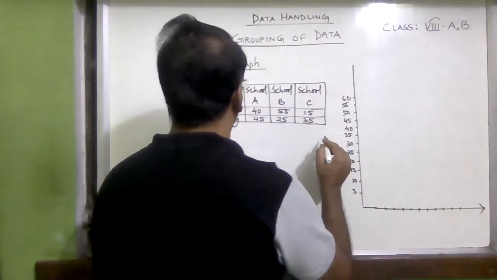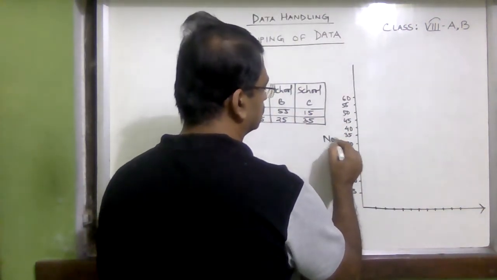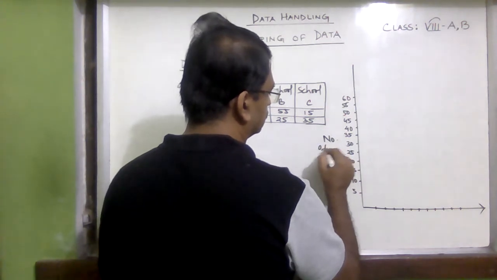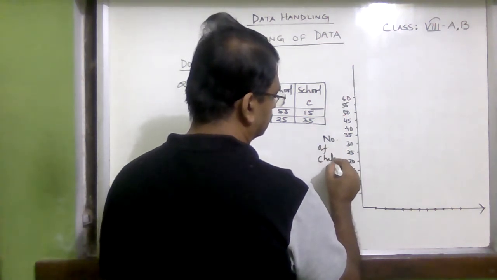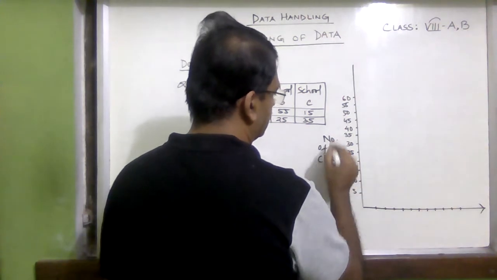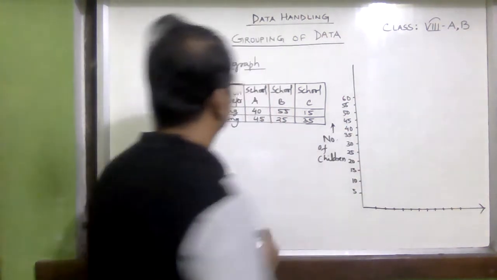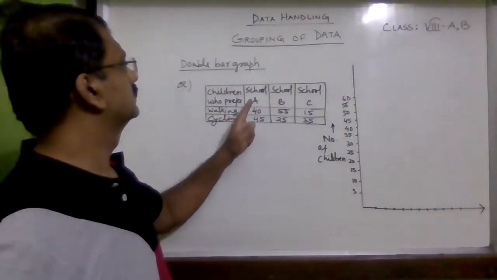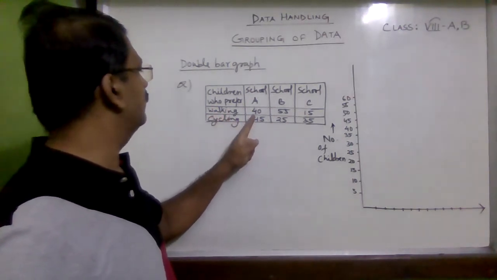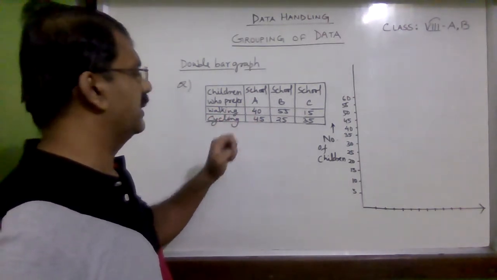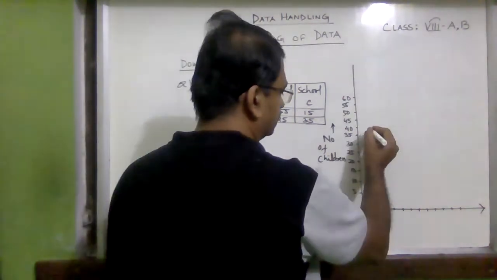Here you write number of children. Okay. Now, in School A, 40 students prefer walking.